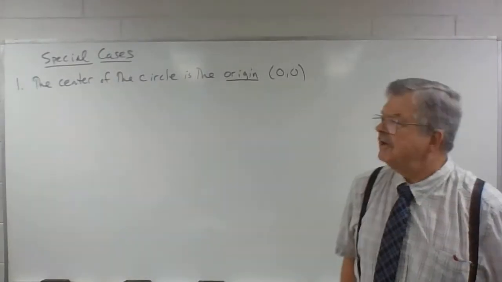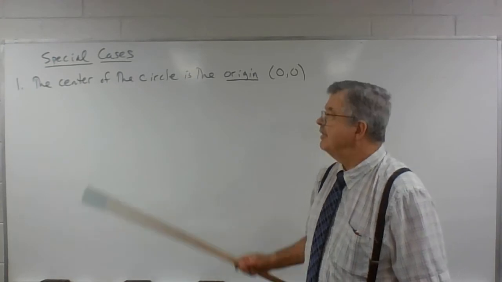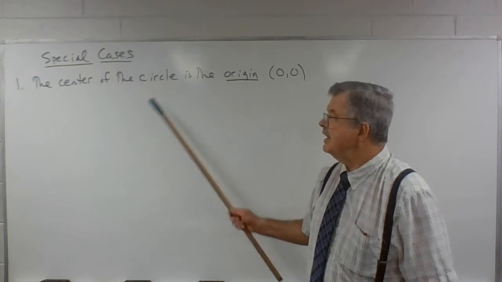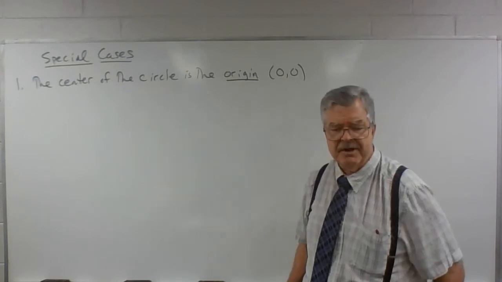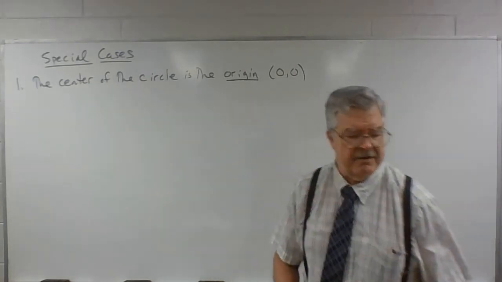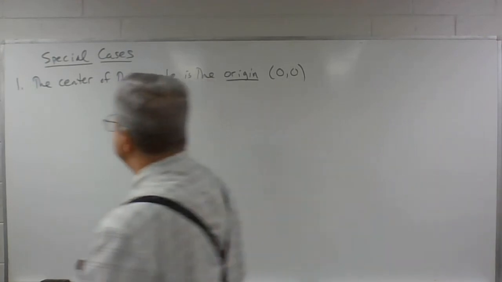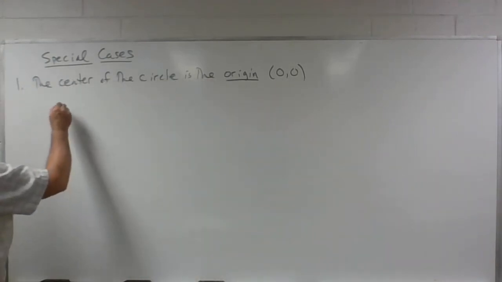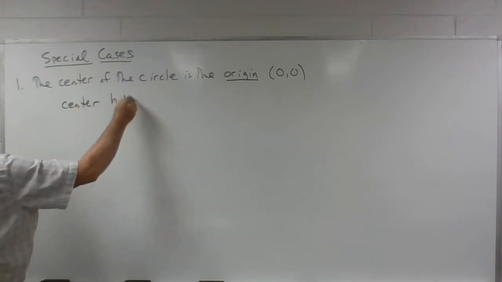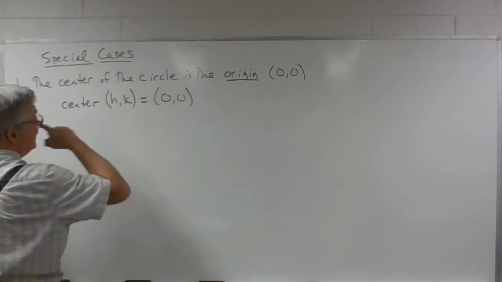Let's look at some special cases that we'll see often enough that they merit special attention. This is definitely the case if we're going to be taking trigonometry. We have the center of the circle being the origin. So let's see, that means that the center (h, k) is equal to (0, 0).